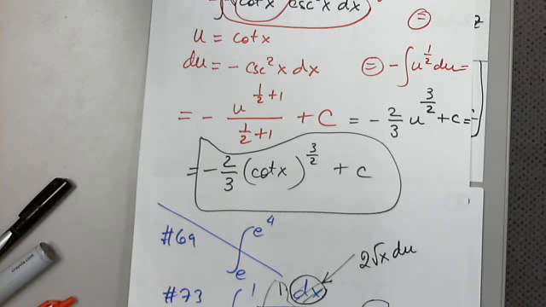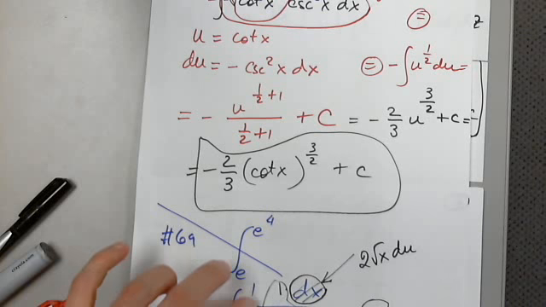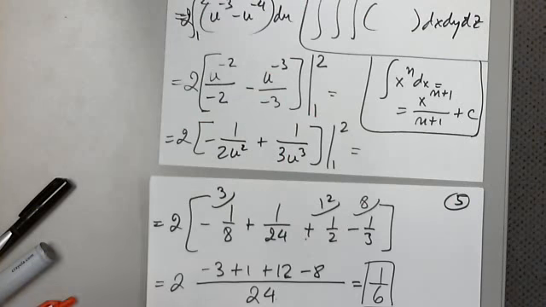It will not be continuous if x is not greater than or equal to 0, which it is. And it will not be continuous if the square root of x plus 1 is 0. But the square root of x plus 1 can never be 0, because the square root of x is always positive, plus 1 is always positive. So yes, this function is continuous between 0 and 1. Therefore, we were allowed to apply the fundamental theorem of calculus part 2.